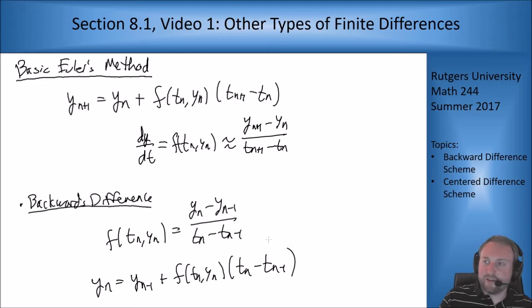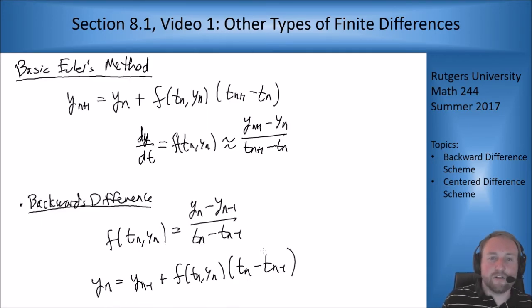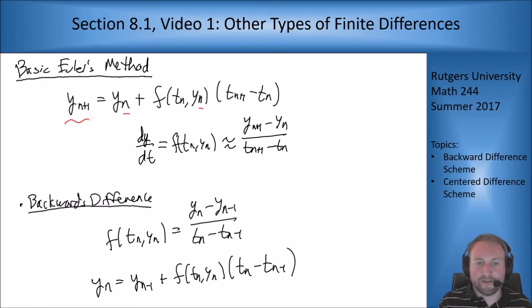Now, the main issue that you'll see here is it's not explicit. In the basic Euler's method, once you know y_n, you can solve for y_{n+1}, because y_{n+1} is the only spot that occurs on the left-hand side. In this case, there's something different. There's a y_n here, and there's also a y_n here.